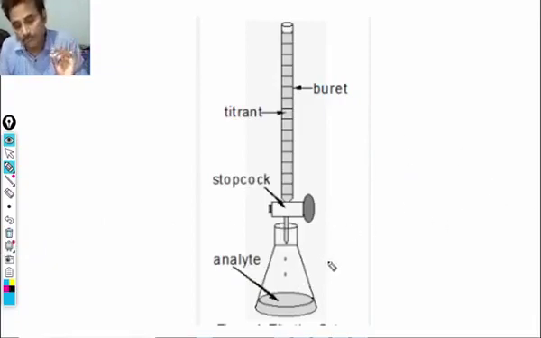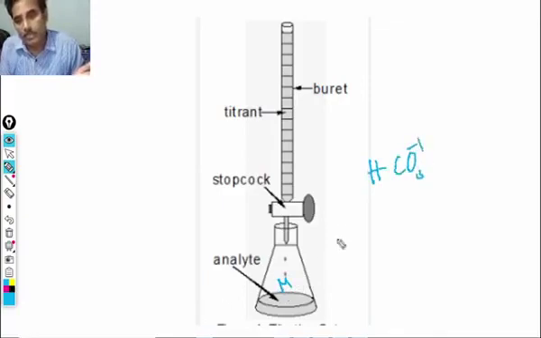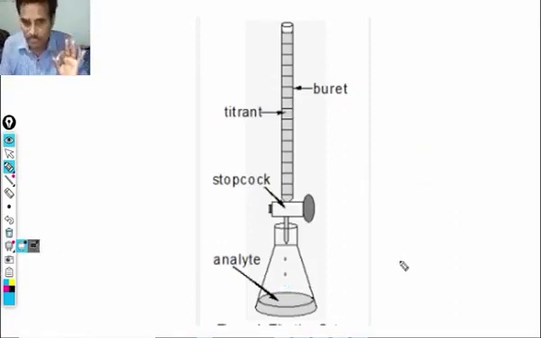That is the reason we need to add the methyl orange indicator when bicarbonates are present in our water sample. When you add methyl orange, you get the yellow color, and after neutralization you get colorless. Thus you can estimate the bicarbonates only by using methyl orange indicator.